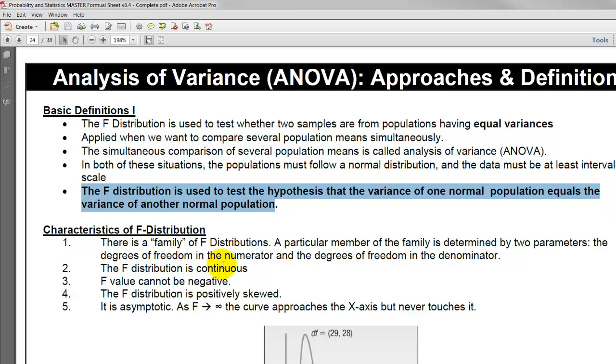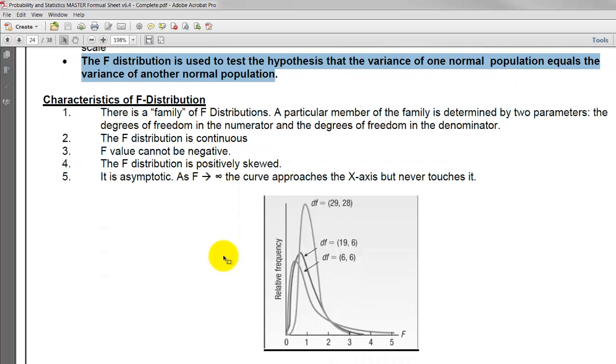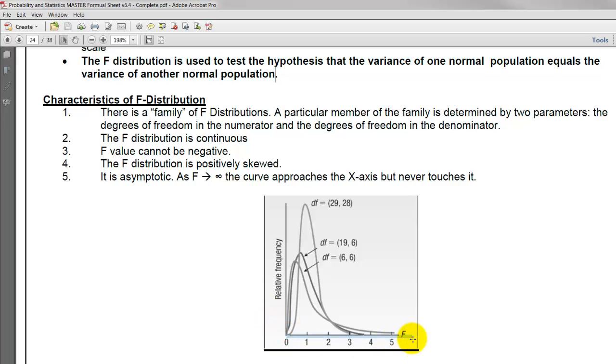Okay, so what does the F look like? The Z and T that we're all accustomed to look like a normal distribution that's equally distributed in bell shape and symmetrical. The F distribution looks a little bit different. One reason being we can't have negative variation. So the distribution starts at 0.